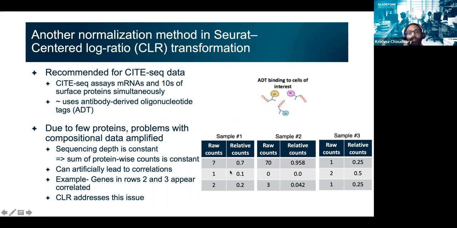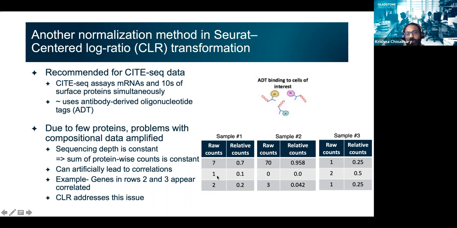But if you just divide by total counts for all the proteins, then you may see some spurious correlations which are not actually there. So for example, here, the protein in row 1, its expression level is varying hugely in the three samples that I have illustrated here, while the other two are not varying so much, and they are varying independently.